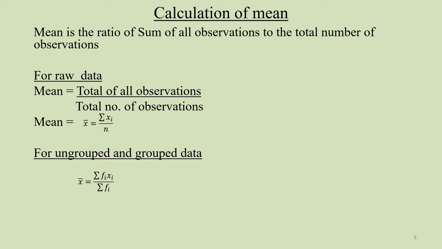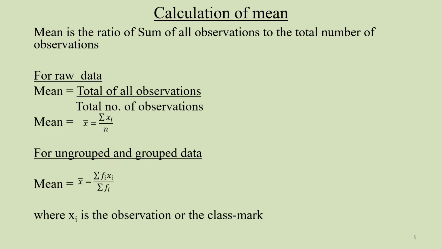For grouped or ungrouped data, where you will have values x1, x2, xi, xn and frequencies f1, f2, fn correspondingly, mean will be calculated as summation fi xi upon summation fi. For group data, xi will be the class mark and for ungrouped data it will be the actual observation, is the only difference.